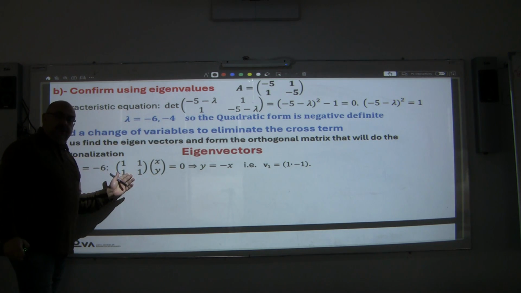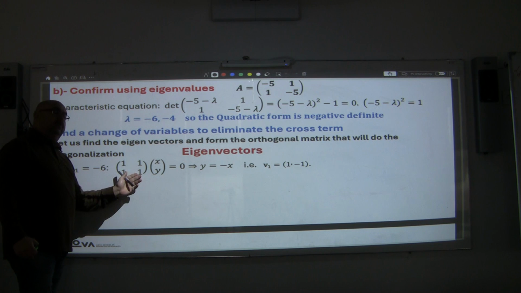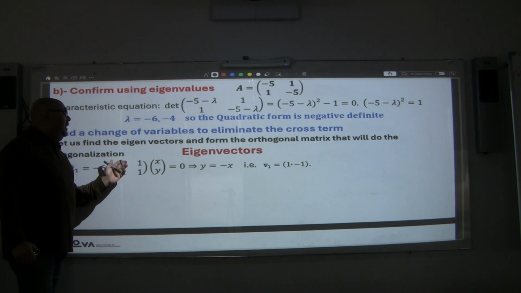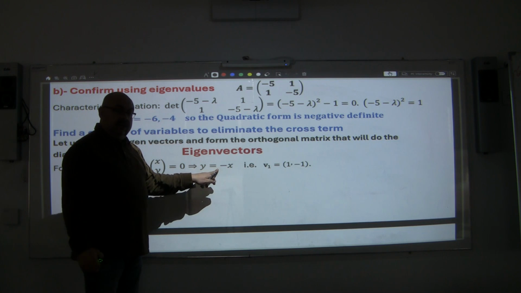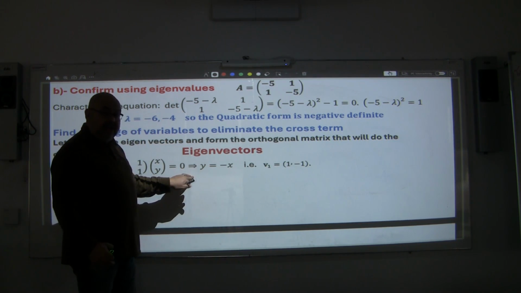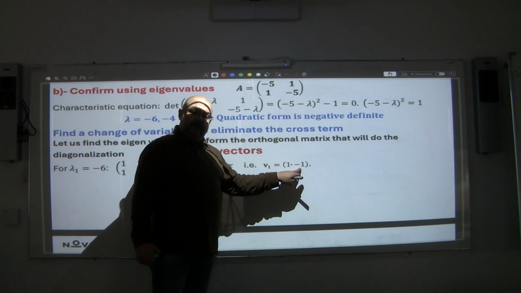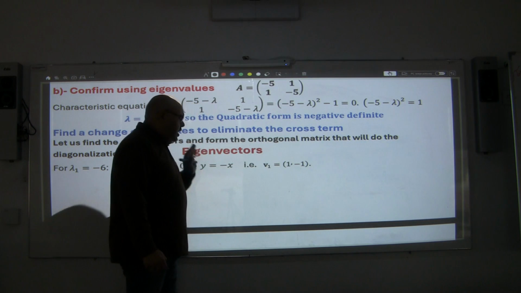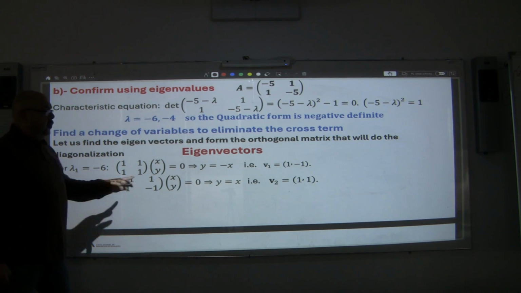So this is the coefficient matrix. Eliminating the first row times -1 and adding it to the last row, you will have the relation connecting x and y: y is equal to -x, or vice versa. Substituting in the eigenvector relative to this value, you will have 1 and -1. This is V1. In a similar manner, for lambda equal to -4, you will have 1 and 1.